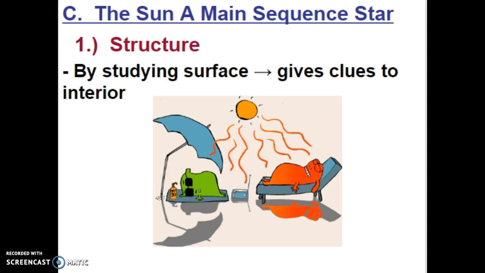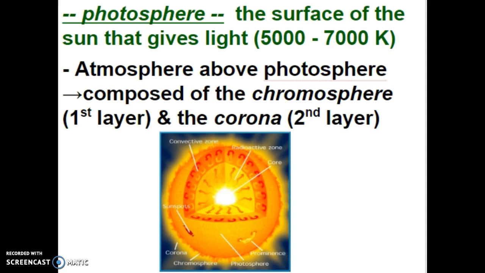Now we'll talk about our own star that's very close to us, the sun. It is a main sequence star, so it is happily churning hydrogen atoms into helium atoms. But studying the surface of the sun can give us clues to what's going on in the interior of the sun. We call the surface of the sun the photosphere. Photo in Latin means light.